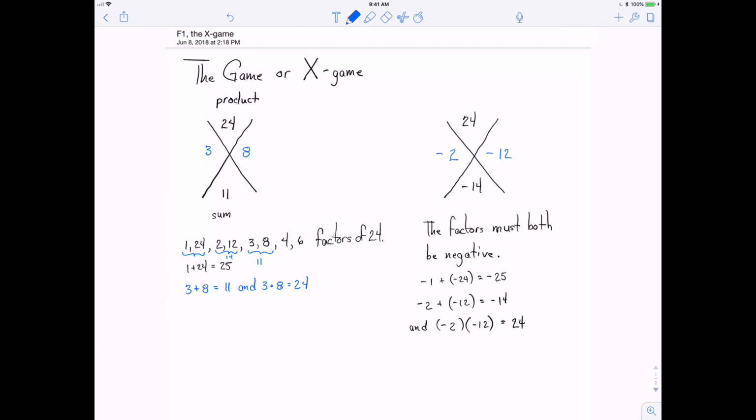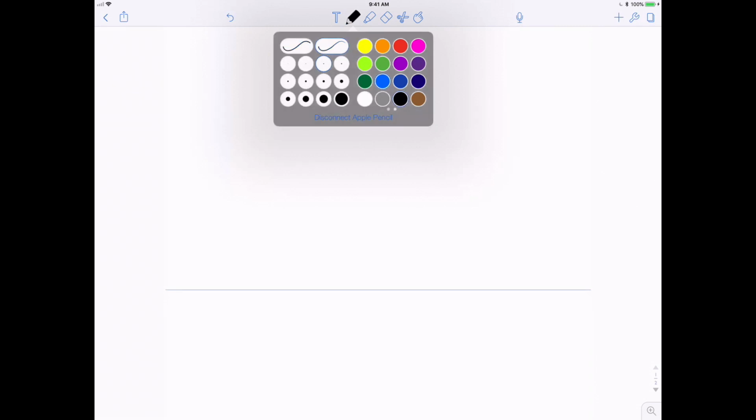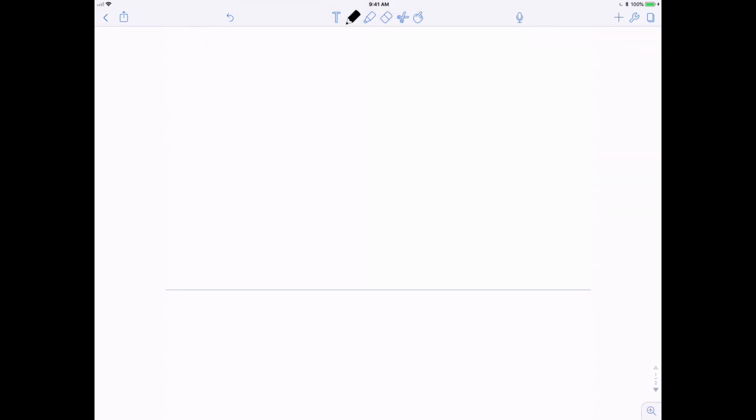Let's try one more example. I'm going to scroll up here. Let's play the game, and this time we'll play the game with negative 24 and positive 2.